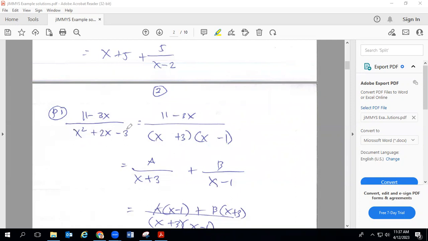When are you going to use linear factors? Take a look here. You cannot do a long division, so what you need to do is to use linear factors. In this case, with the factors of this one, you have x plus 3 and x minus 1. From our formula, you can write this in this way: A over x plus 3, and B over x minus 1.